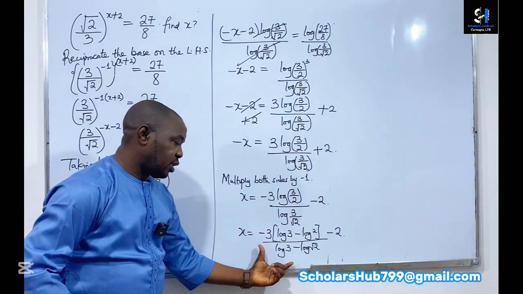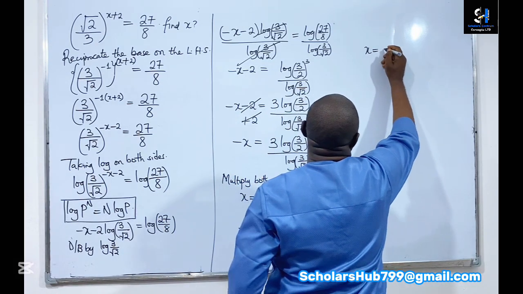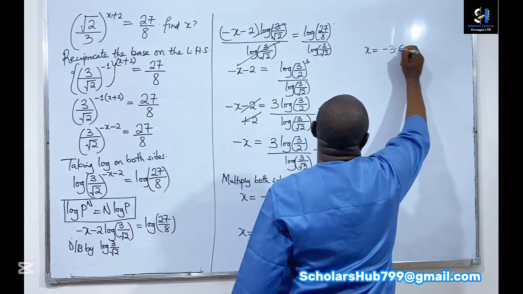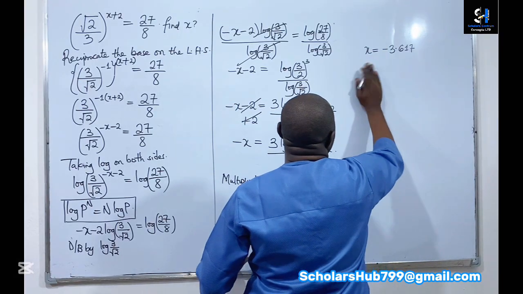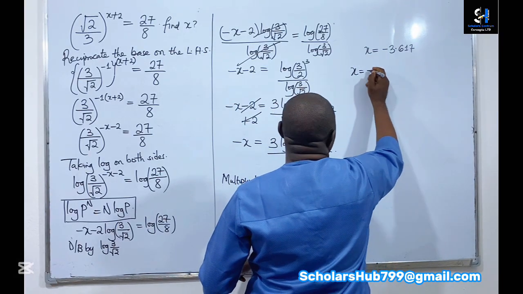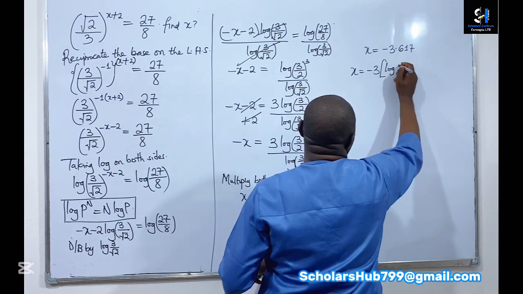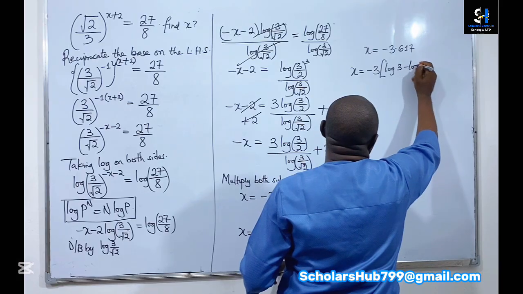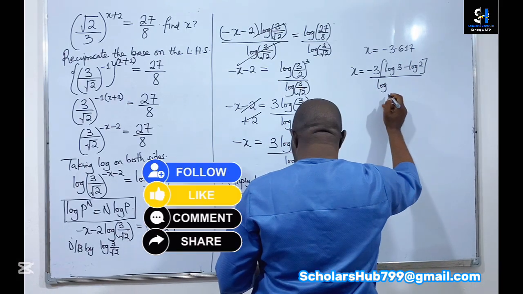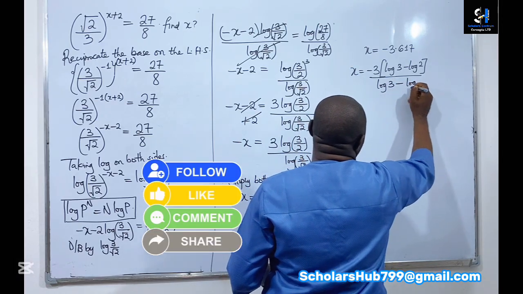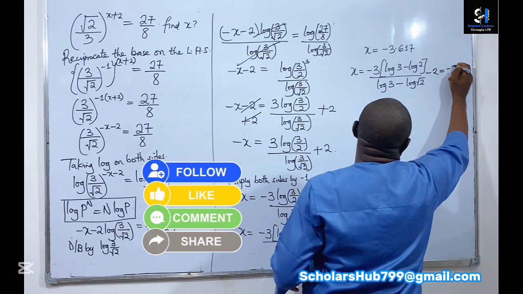Plugging this into the calculator, the value of x is minus 3.617.